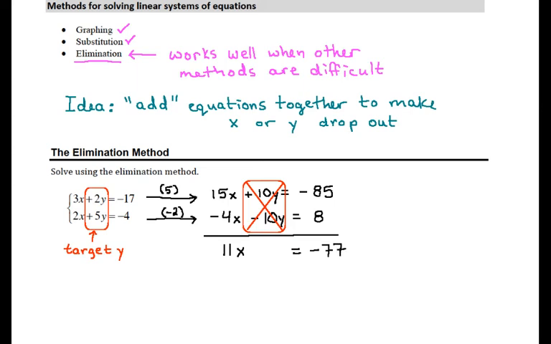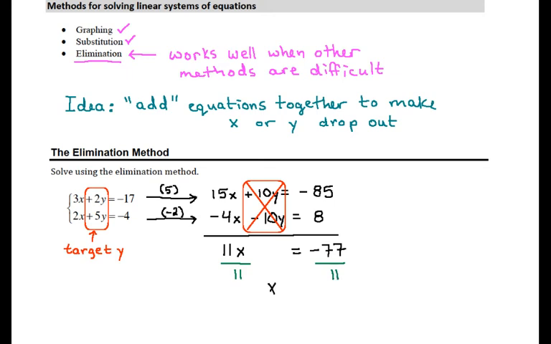When I add equations together, notice I really need to line up the like terms. The x terms are lined up, the y terms are lined up, even the equal signs are lined up, and the number terms are on the other side. This is usually the order in which we line up terms. Now I have a very simple equation in one variable, which is ready to solve for x by just dividing both sides by 11.